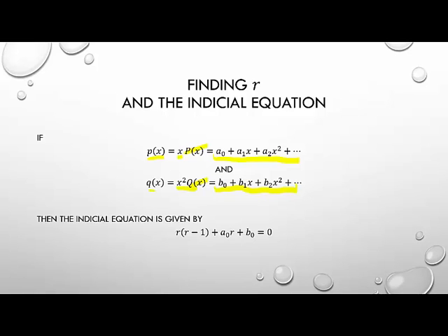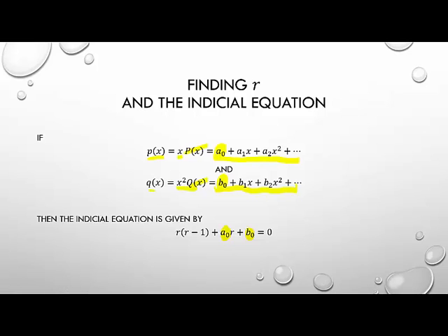What we're going to do with these power series is really just take the first term, so we don't have to work hard at getting the rest of the series. We just care about the constant term. Once we identify the constant term, this formula r times r minus 1 plus a sub 0 r plus b sub 0 will become our indicial equation after we set it equal to 0.